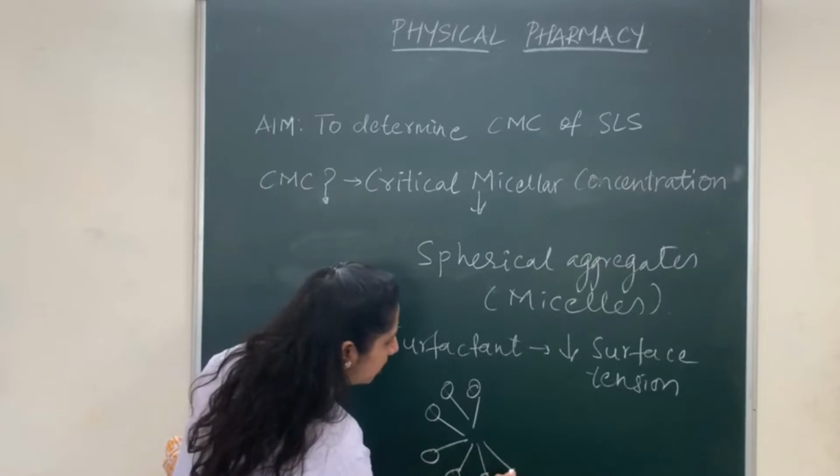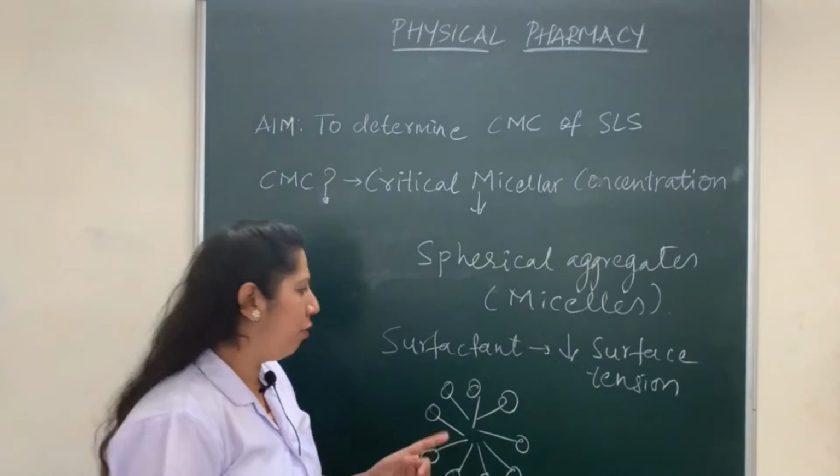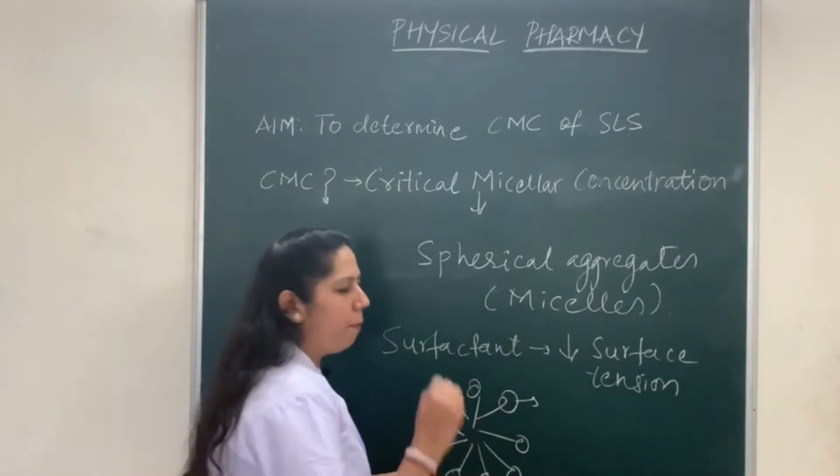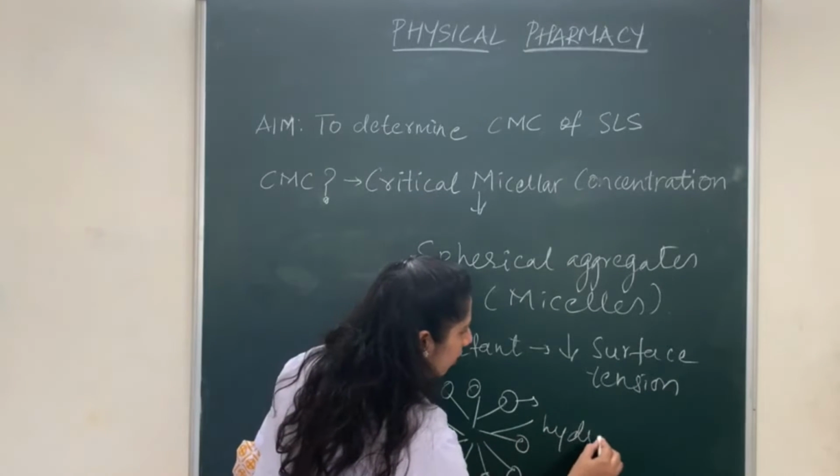As you know, the surfactant has two parts: the hydrophilic polar end and the hydrophobic tail.